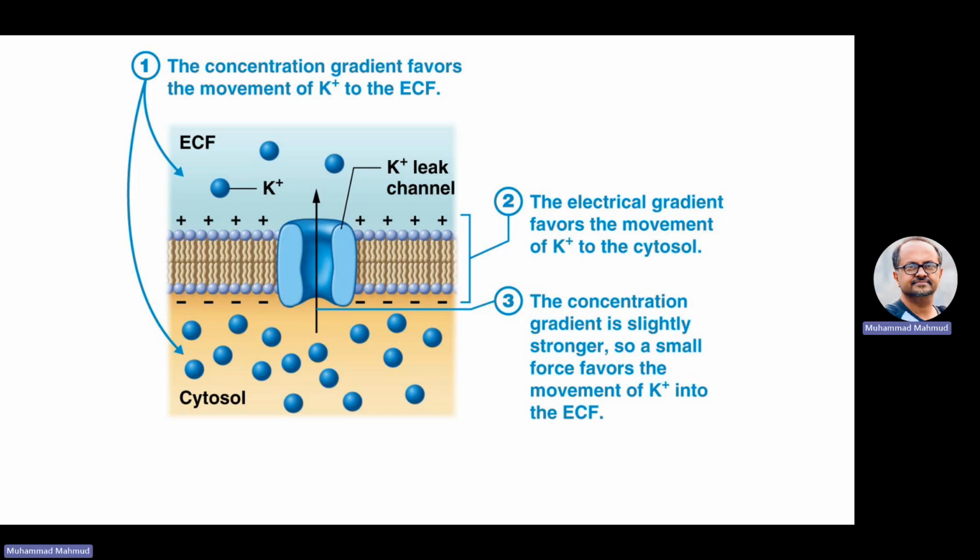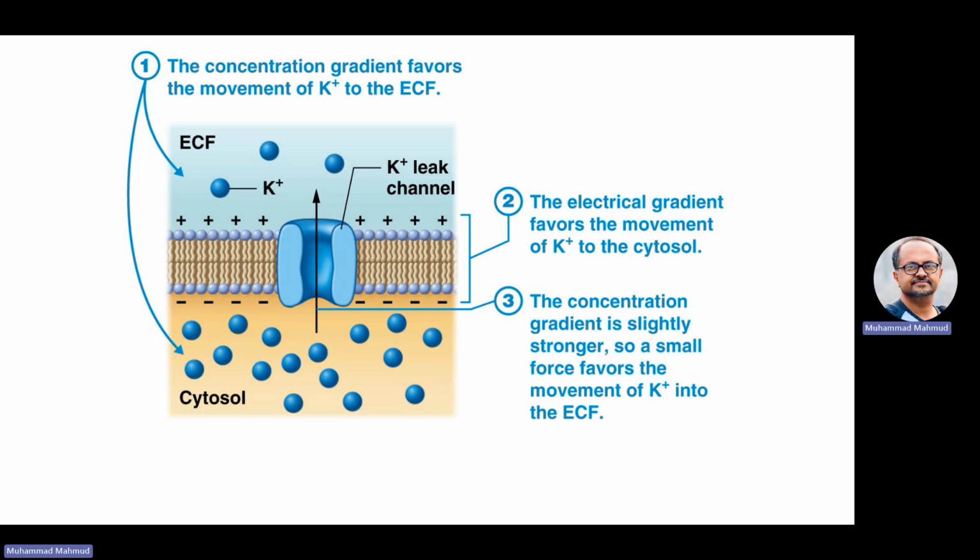The electrical gradient favors the movement of potassium into the cytosol, because you see the gradient is positive outside, negative inside, and potassium is positive. So this gradient favors potassium going inside the cell.